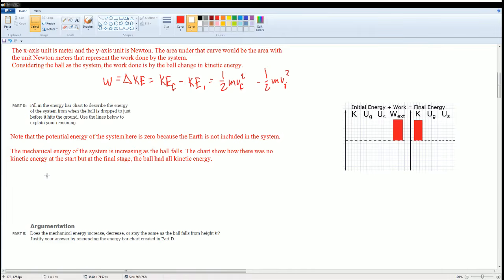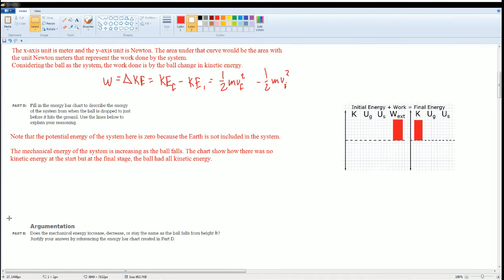Note that the potential energy of the system here is 0 because the Earth is not included in the system. The mechanical energy of the system is increasing right here. Notice it's going up. The chart shows that there was no kinetic energy at the start, but at the end it had all kinetic energy, because during that time there was work being done on the system.